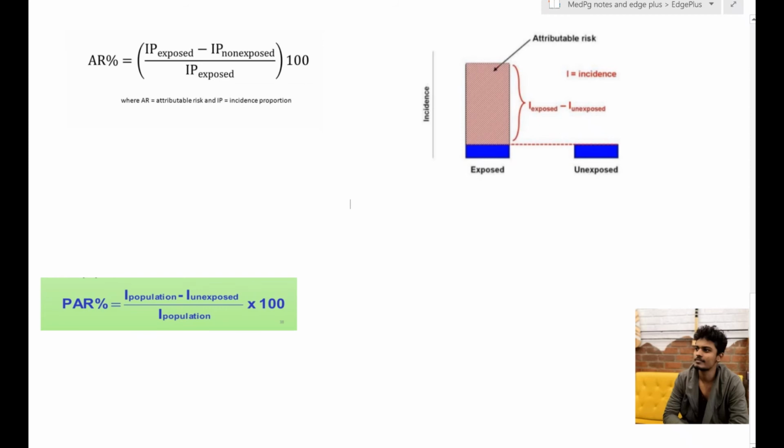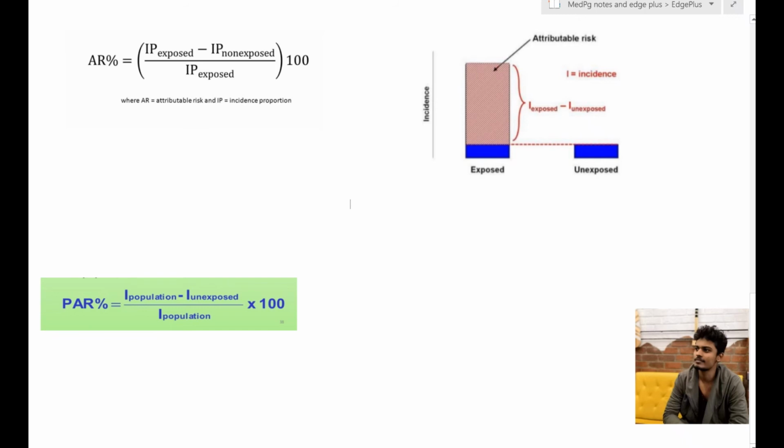Now we want to know what happens if we do an intervention. We do something like a campaign, or a primordial intervention in which we ban tobacco products, or in a hypothetical situation we eradicate all tobacco products from the whole universe. So we are taking smoking and tobacco products out of the world. In that condition, how much of the actual disease volume will be reduced?